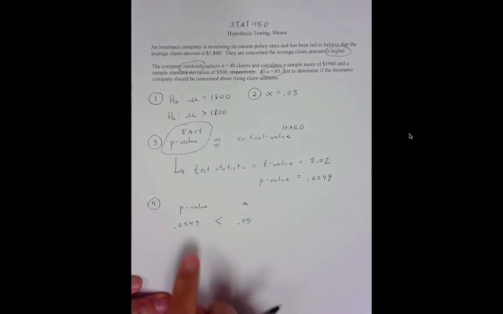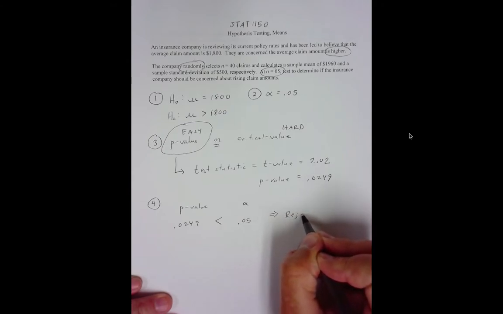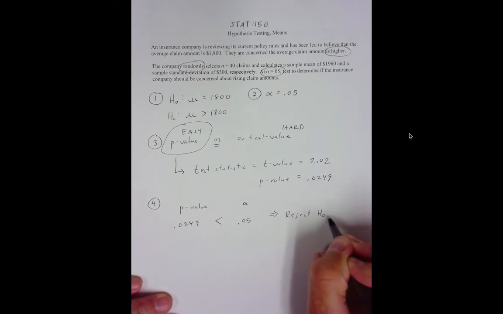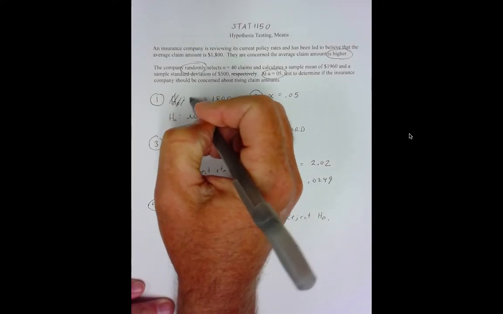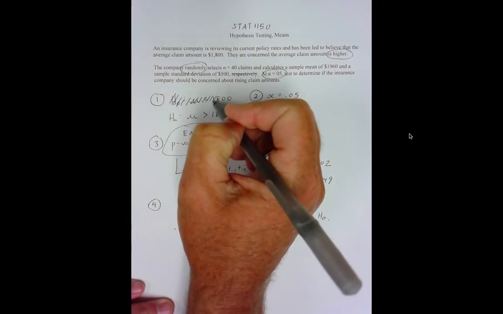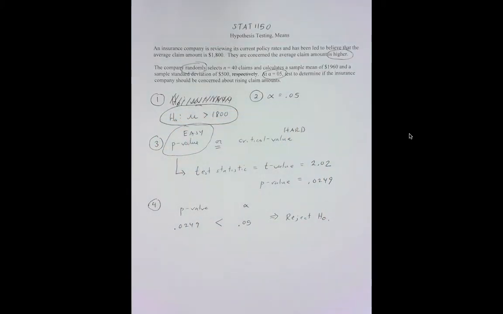So we can see that our p-value is less than our alpha, which leads us to reject H sub O. So when we reject H sub O, we are essentially drawing a line through the null hypothesis and saying that the alternative hypothesis is more believable.